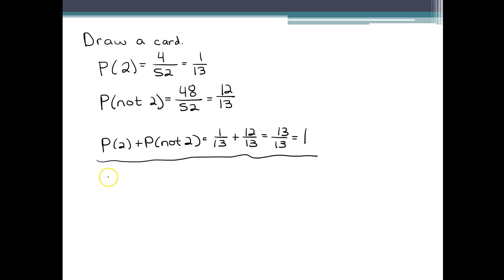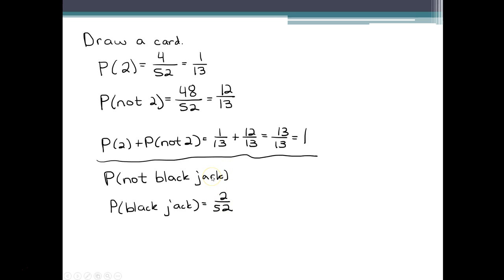Let's say you want to draw a card and find the probability that it's not a black jack. The probability that it is a black jack is 2 out of 52, because you've got the Jack of Spades and the Jack of Clubs.